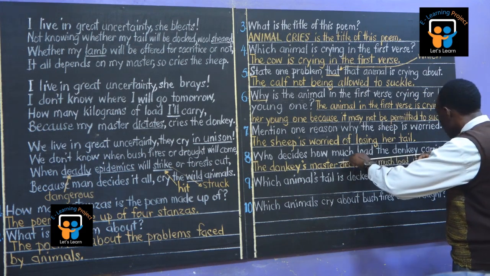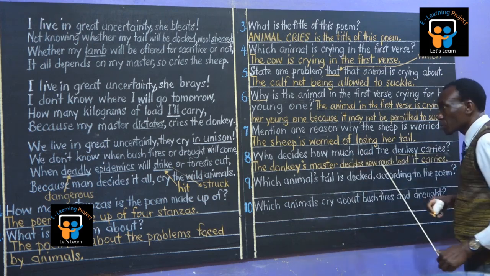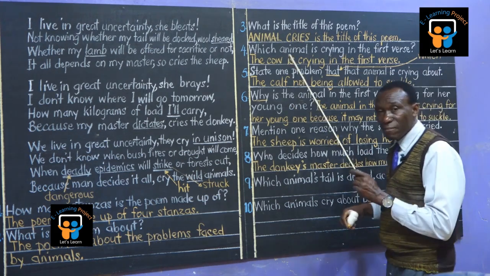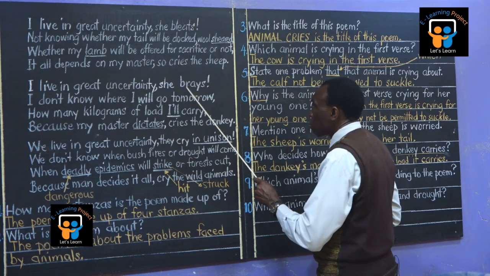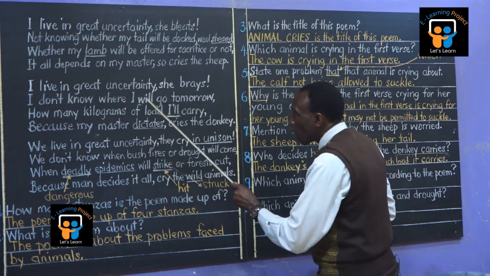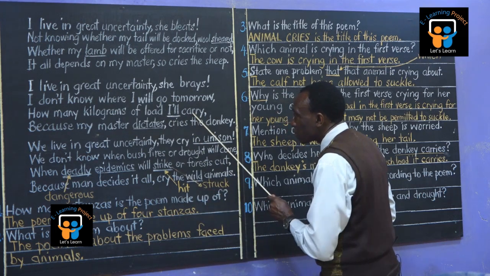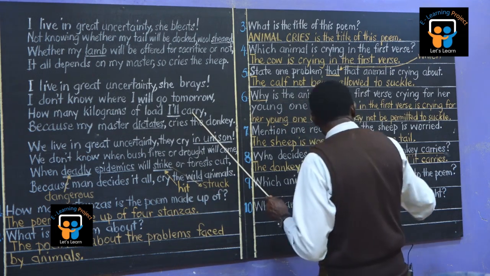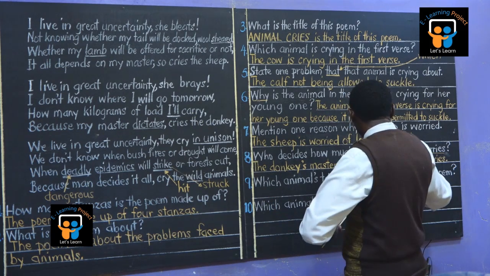The donkey carries. But let's look at the verse. I live in great uncertainty, she brays. I don't know where I will go tomorrow, how many kilograms of load I'll carry. I'll carry in the future. But here, how much load the donkey carries.